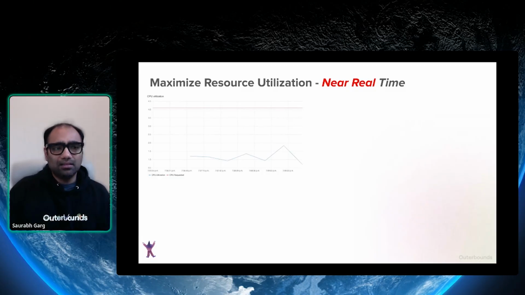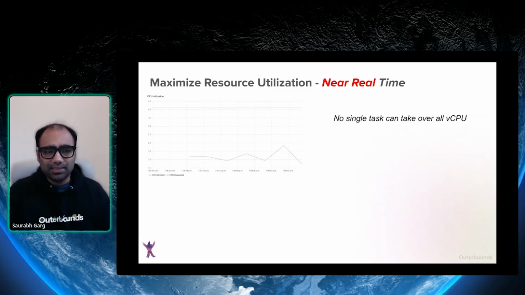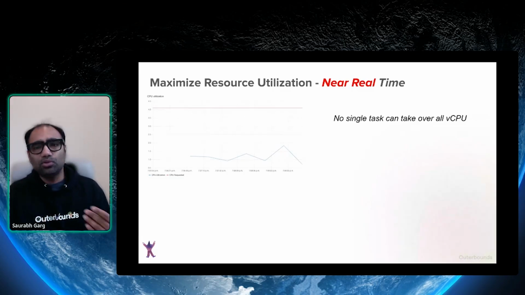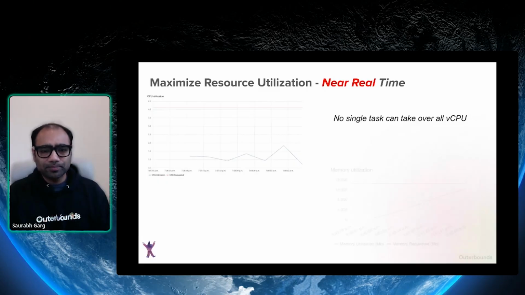In this case, the workload is limited to using only 4 vCPUs, and as we can see, it ended up taking only 2 vCPUs at peak. If you do this for every single workload, then no single task can take over all the vCPUs on the node.